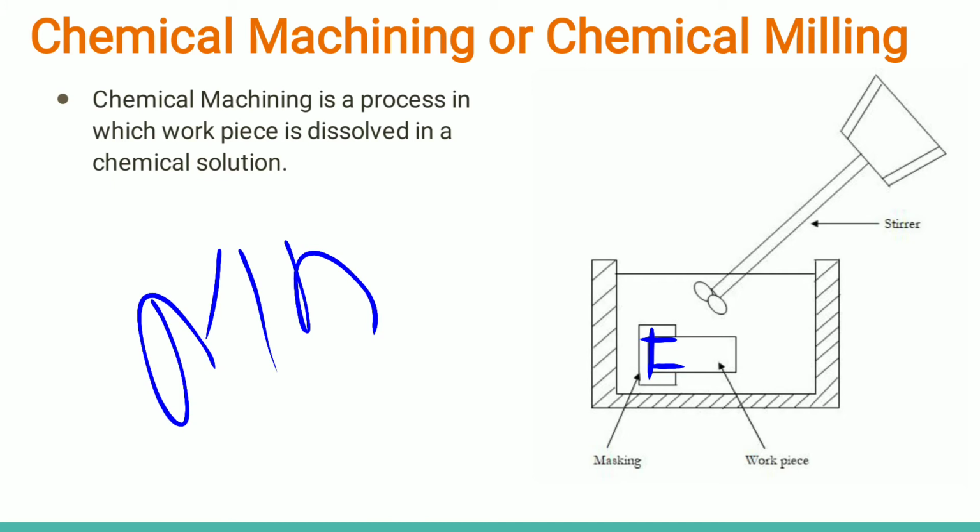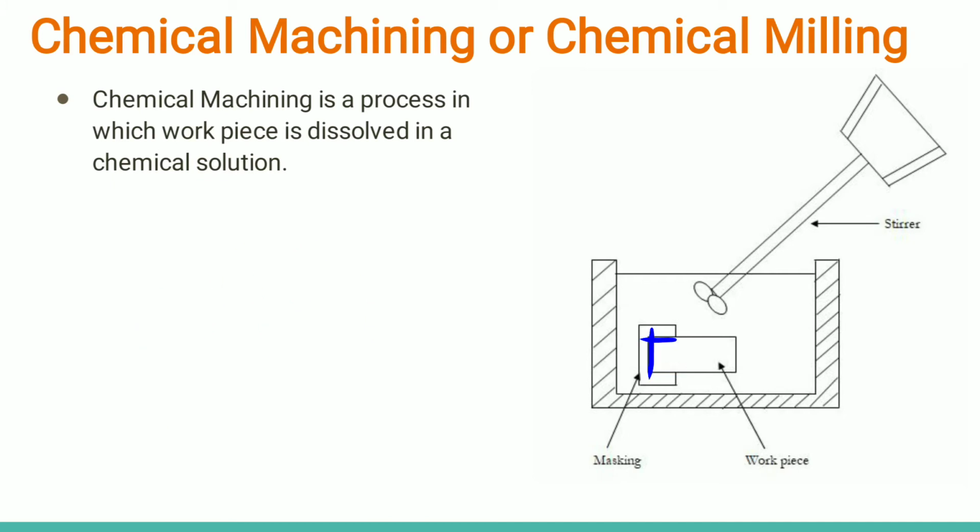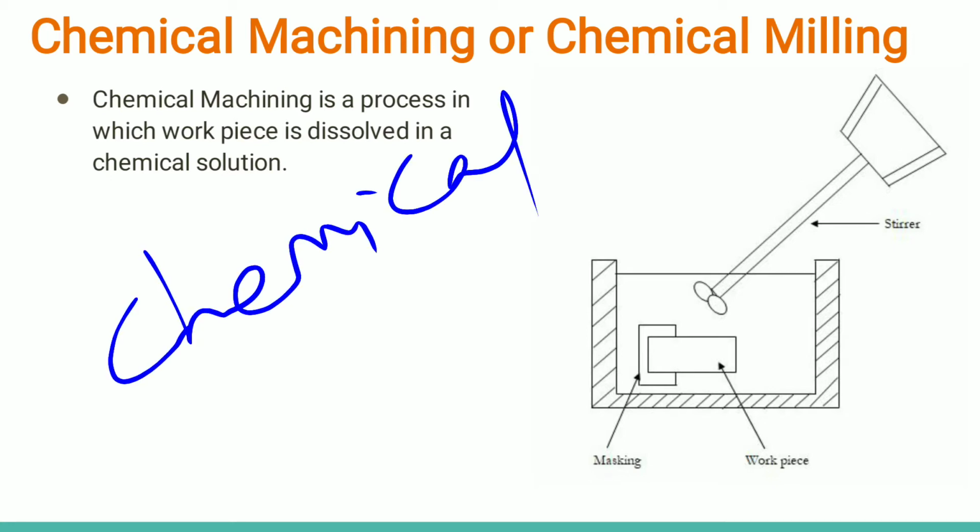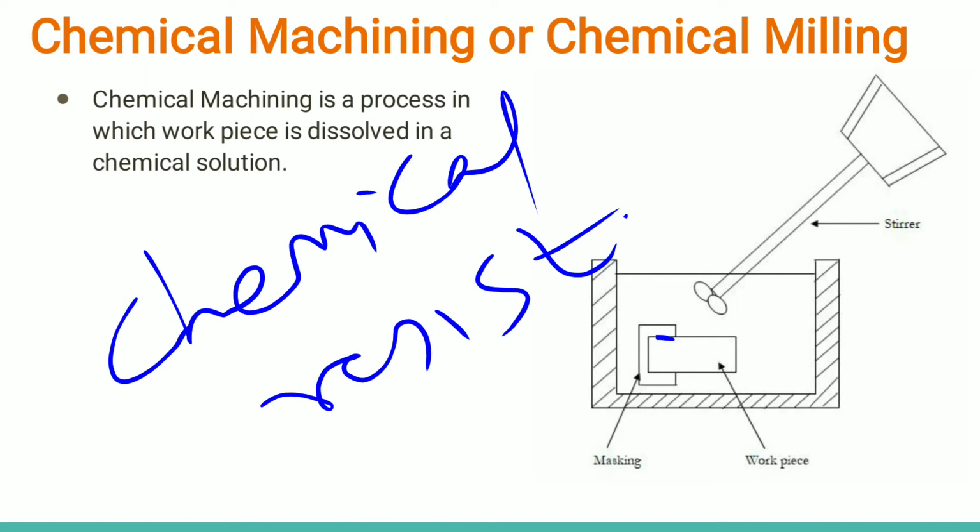This mask should be chemical resistant, so whatever chemical we are using, it should resist that chemical. Then only this part of the workpiece is exposed to the chemical solution, and the remaining part will not be exposed.